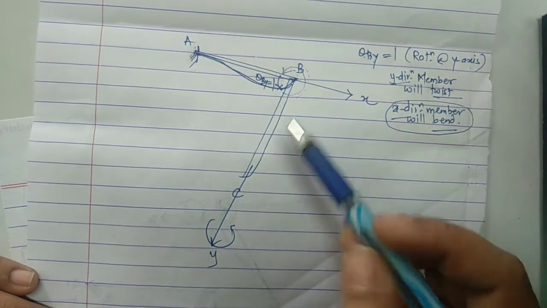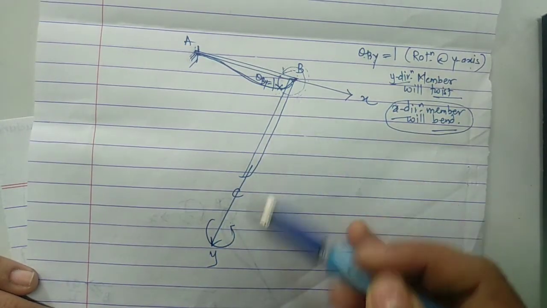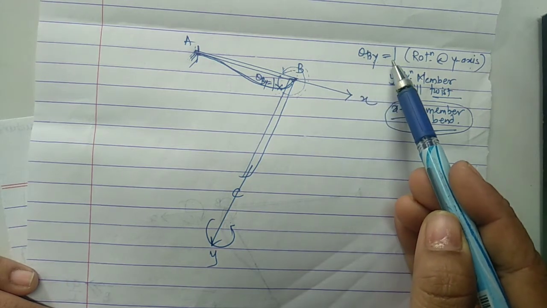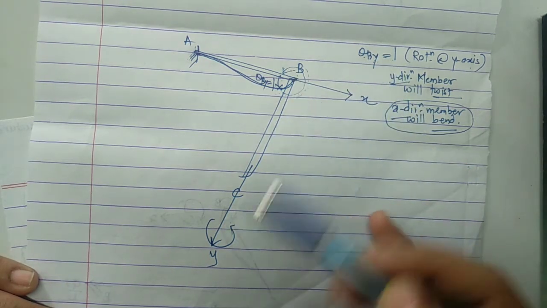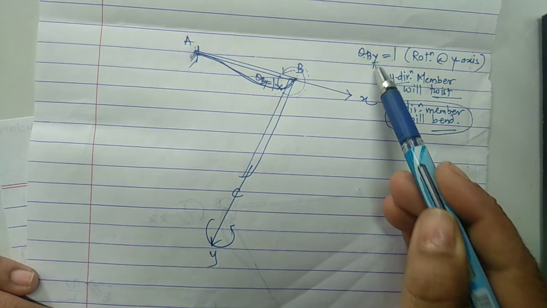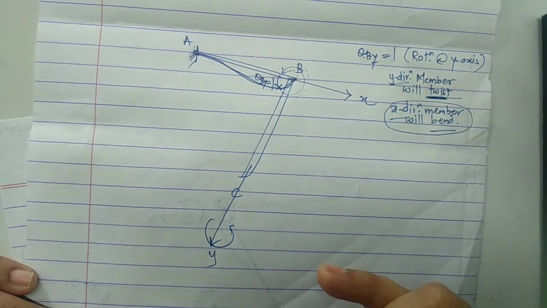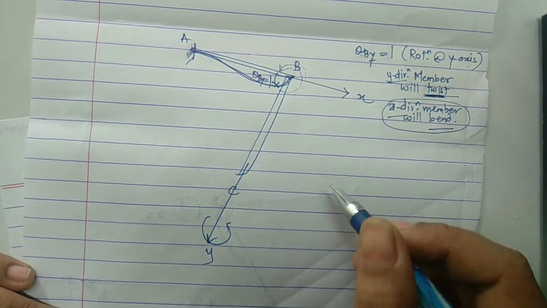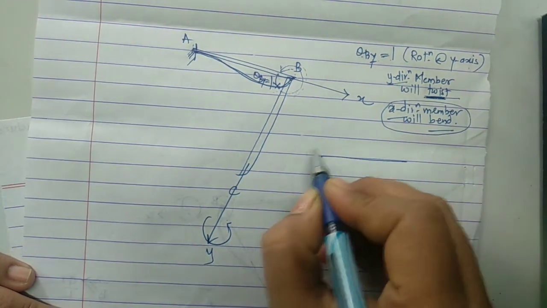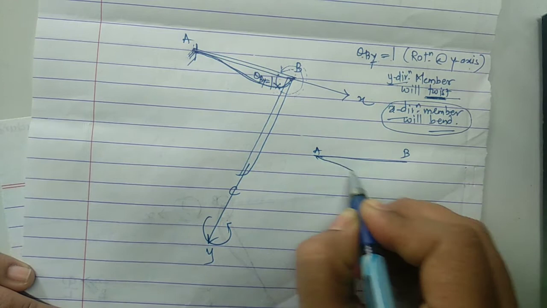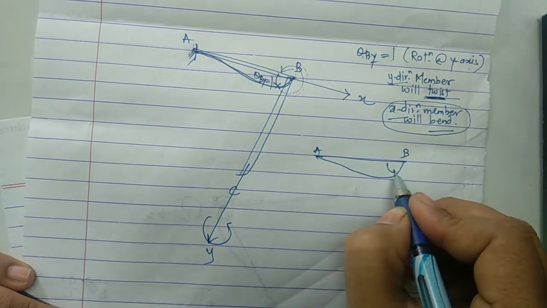So it means that the y direction member, when theta y equals 1, will get twisted. So our figures will be in this way. For the AB member, this type of figure will be there.